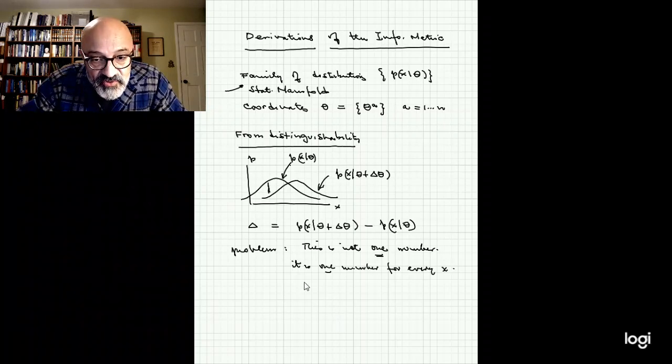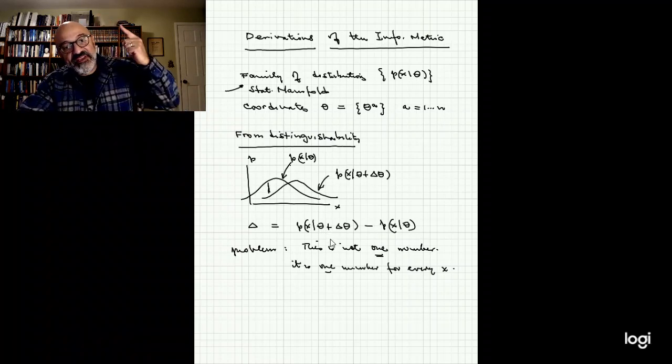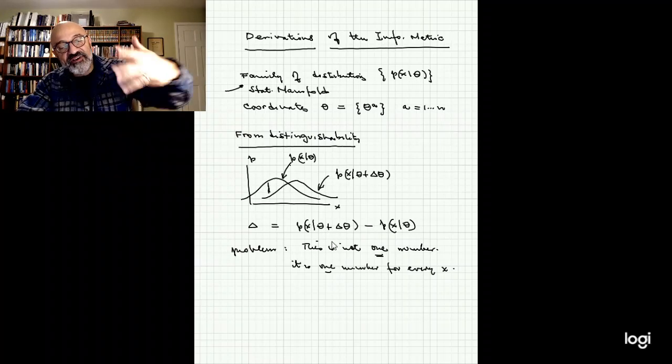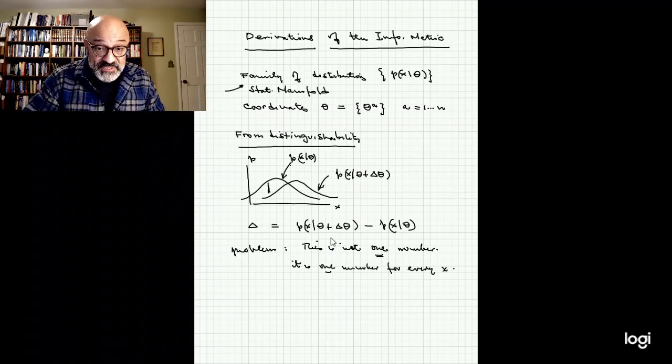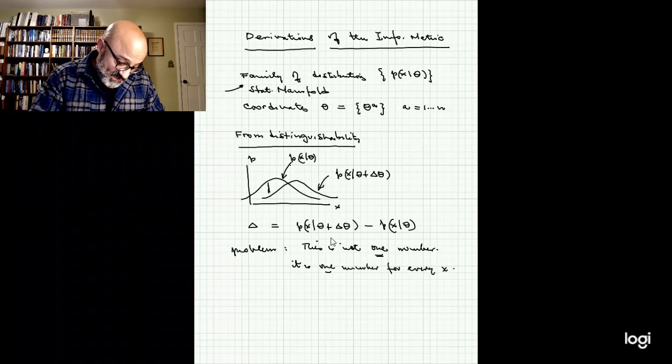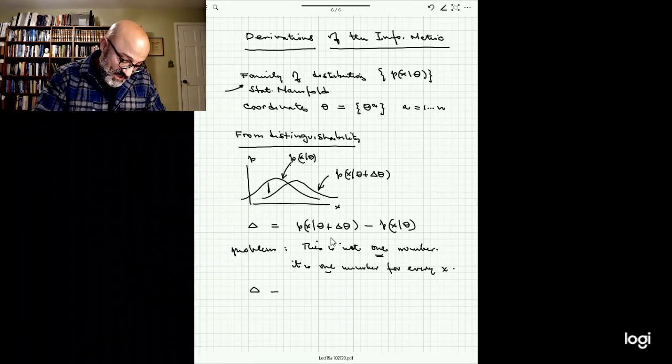So how do we fix this? We have to somehow combine all of these numbers to obtain just one number that measures distinguishability. So one possibility would be, well, take the same thing. So that was my first attempt.